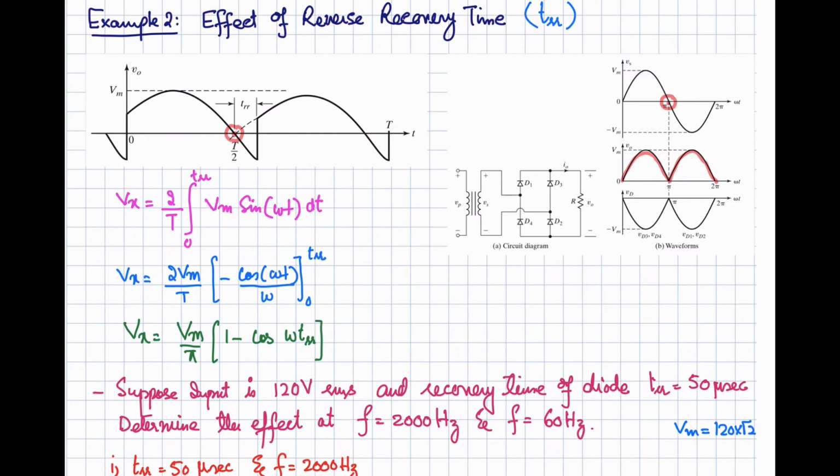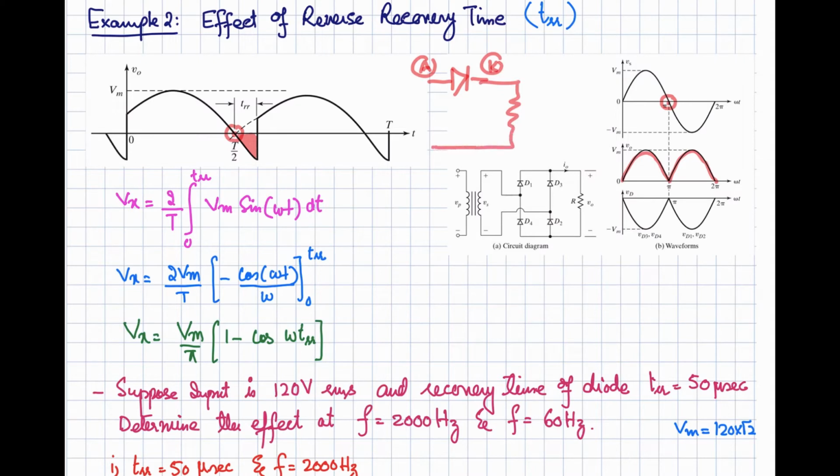The time taken by the diode to completely stop conduction once the anode voltage becomes negative with respect to the cathode is said to be the reverse recovery time. During that time the diode is conducting, there is a certain flow of current, so the voltage that is at the anode will be appearing at the load as well.